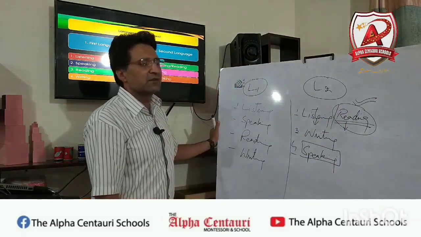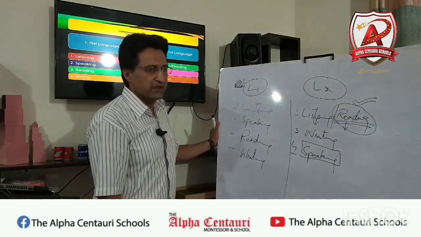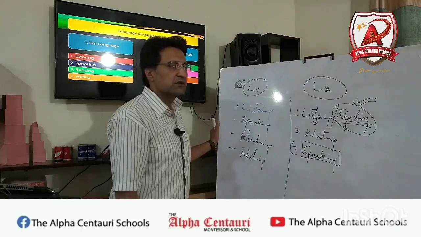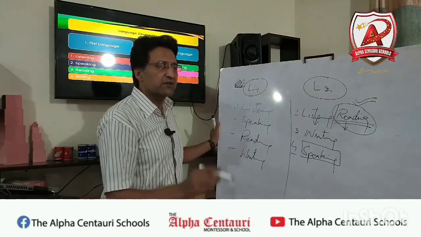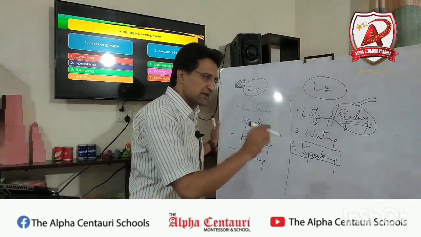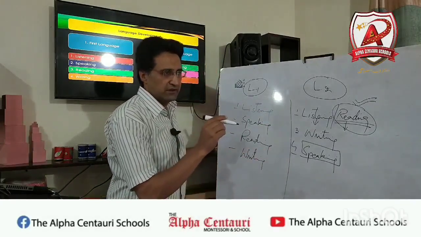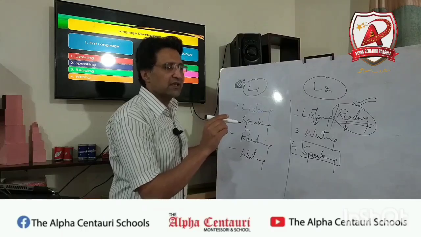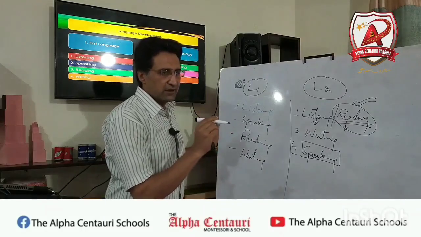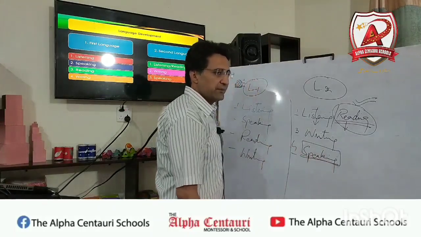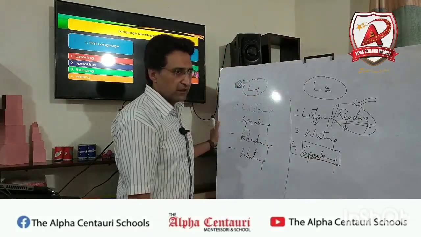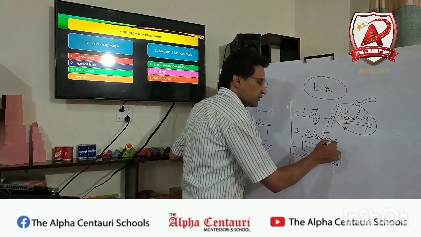But I can't be sure about that speaking. I can't be sure about that meaningful speaking. I can't be sure about that speaking with exactness, or if not exactness, correctness. If I want to bring corrective speaking skill, I'll have to go at first what?